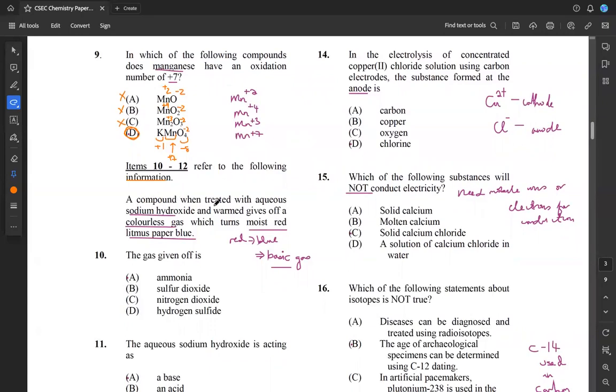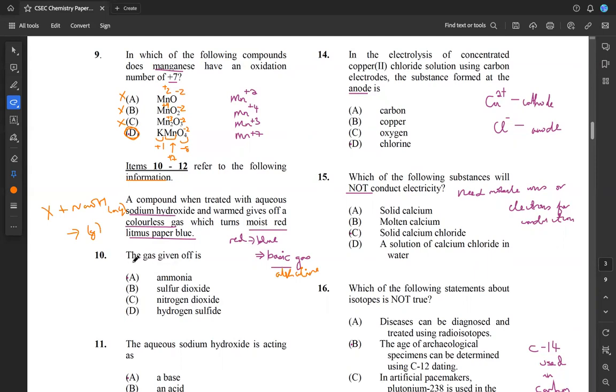A compound, when treated with aqueous sodium hydroxide, NaOH (aq), gives a colorless gas that turns moist red litmus paper blue. Anything that turns red litmus paper blue has to be a basic or alkaline substance, and they told us it's a gas, so we know we're going to get an alkaline gas.